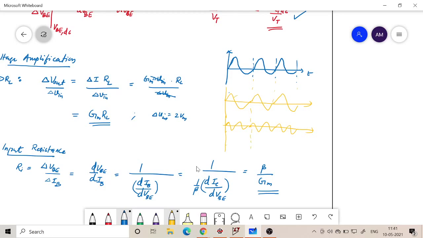So this is omega naught frequency, this will be 2 omega naught, and then there could be 3 omega naught, etc. So in one cycle there will be 3 cycles like this.